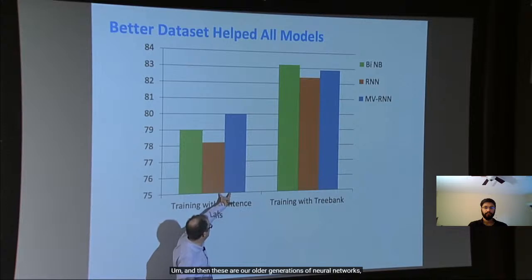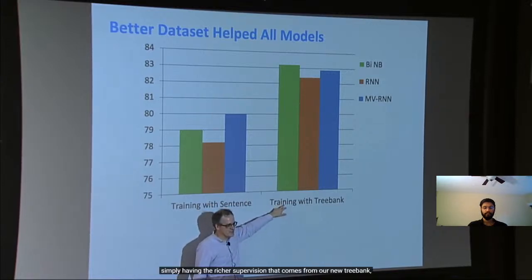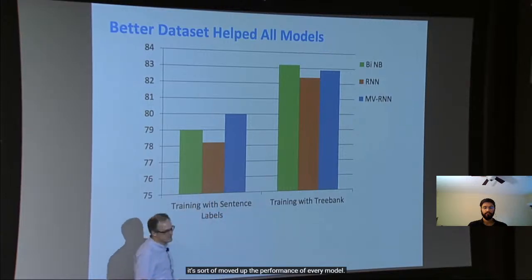And then these are our older generations of neural networks, our original tree structured neural network and our matrix vector one. And so for these fixed models, simply having the richer supervision that comes from our new tree bank moved up the performance of every model.